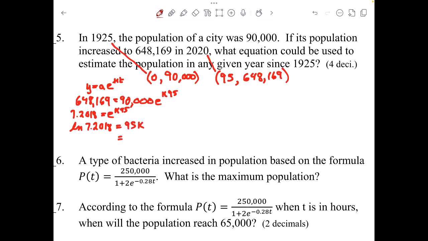So k is going to be equal to the natural log of the 7.2 number divided by 95, which gives me 0.0208. So my final equation is going to be y equals 90,000 e to the 0.0208t power.